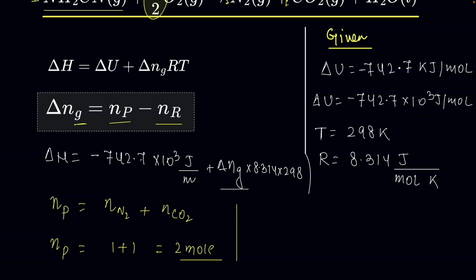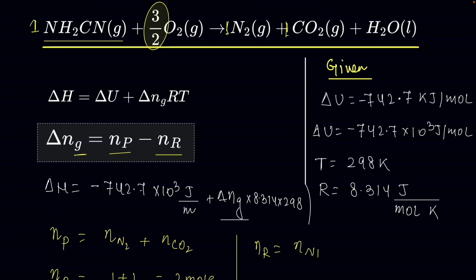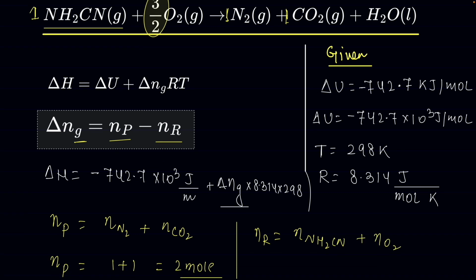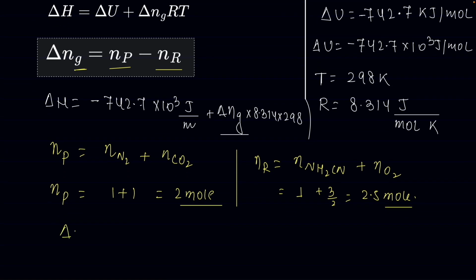Similarly, mole of the reactant is equal to mole of NH2CN plus mole of O2, 1 plus 3/2, it's 2.5 mole. Now how much is the change in the mole? Delta Ng is equal to product, 2, minus 2.5 mole. So minus 0.5 mole. We substitute the value of delta Ng in this relation.